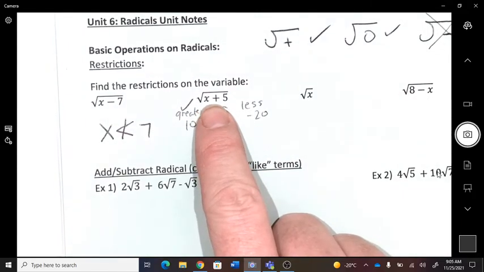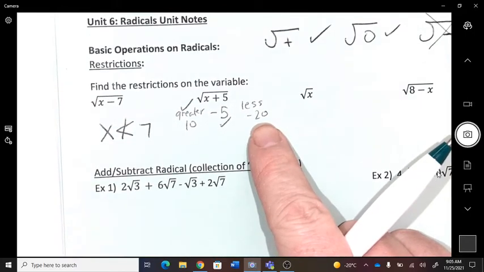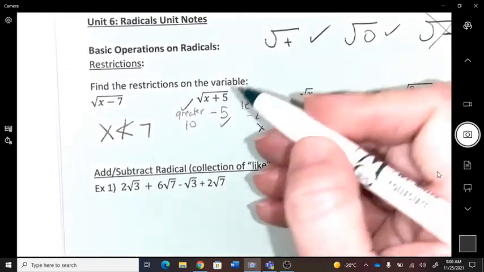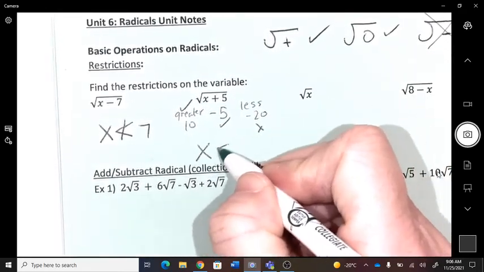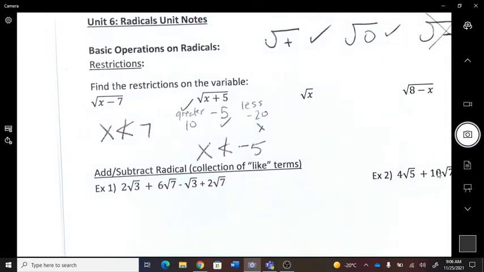Yeah, because then that's root 0. If it's something less than negative 5, for example, negative 20, does that work? No. So I don't want x to be less than negative 5.